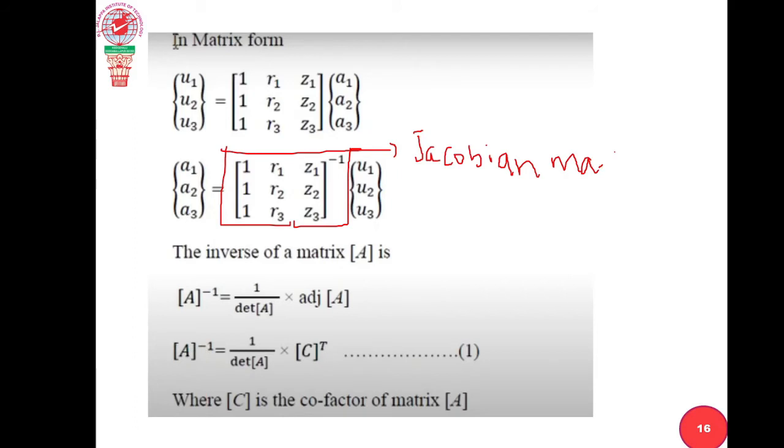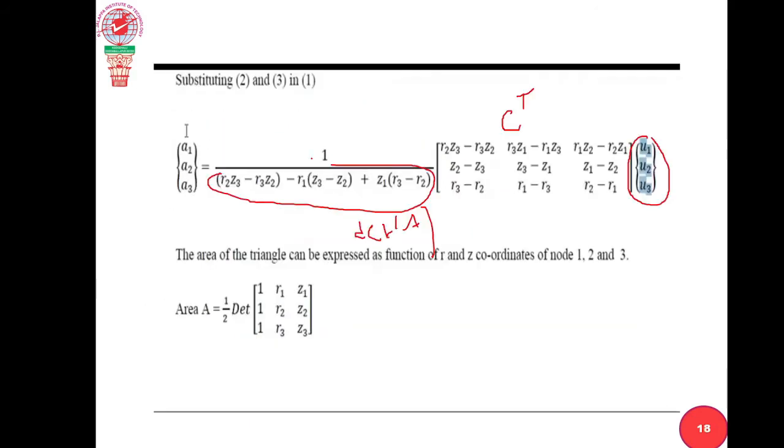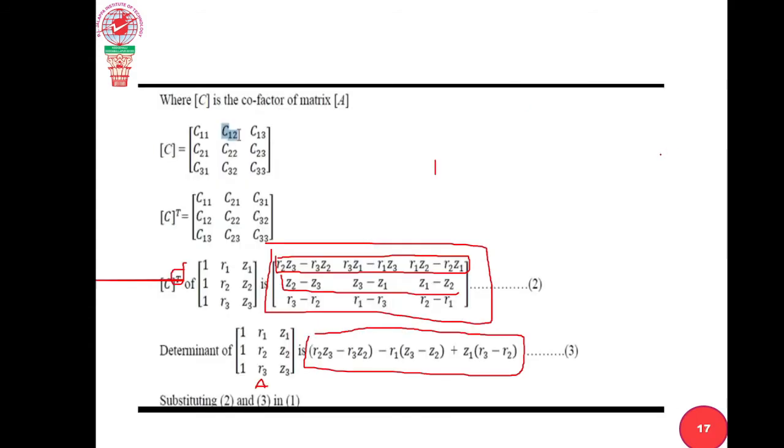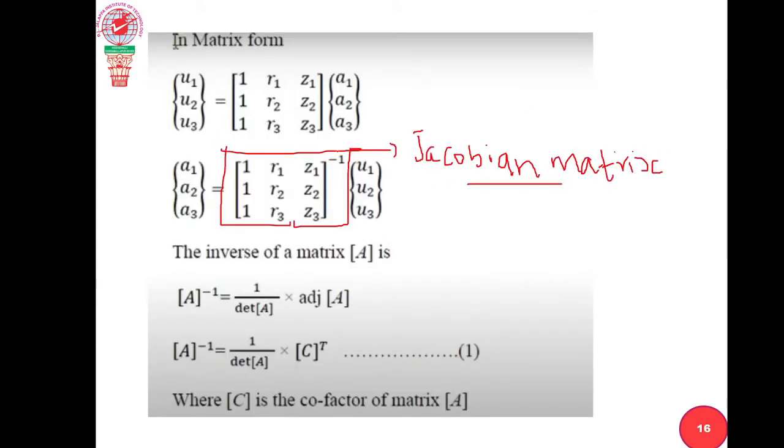Why I said this: sometimes in the question they may ask you to derive the Jacobian matrix for the axisymmetric element. If they ask for the Jacobian matrix, you have to derive up to here, including the A inverse value also. Up to here you have to do the derivation. That is the Jacobian matrix. Jacobian matrix means nothing but the A inverse matrix.